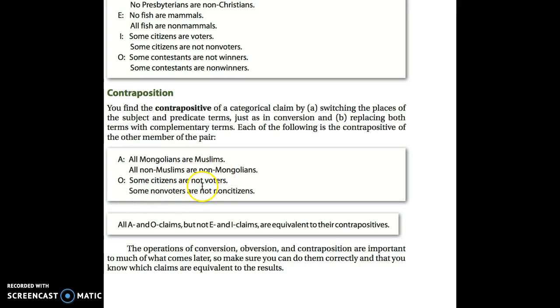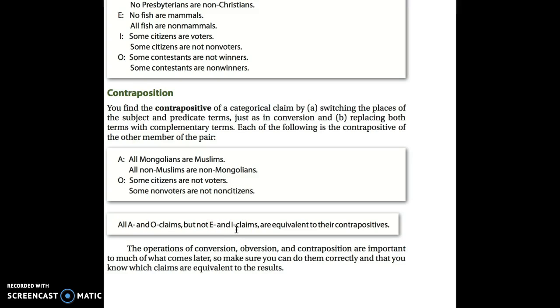Some citizens are not voters. Again, switch subject and predicate. Some voters are not citizens. And then put non in front of both, which comes out to be some non-voters are not non-citizens. With the contraposition, only the A and O claims are logically equivalent, but the E and I claims are not.